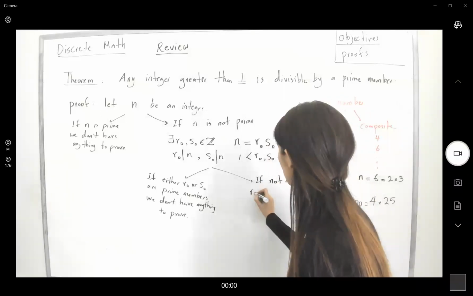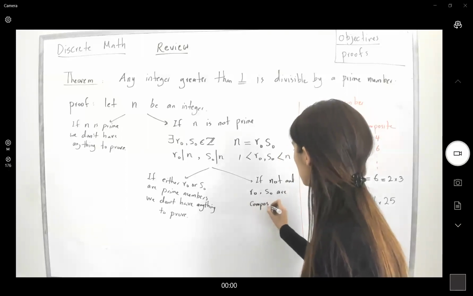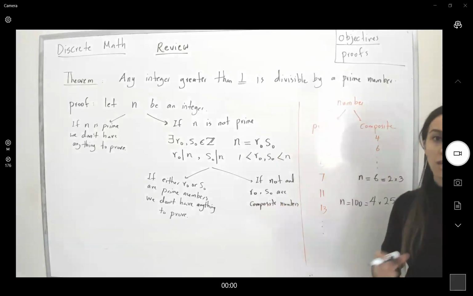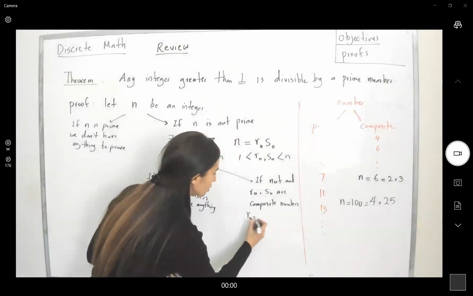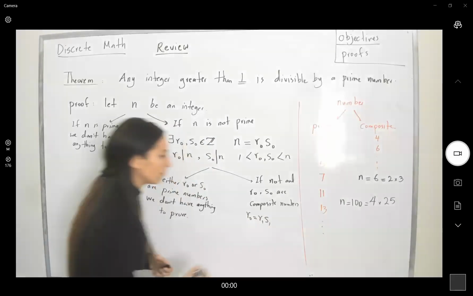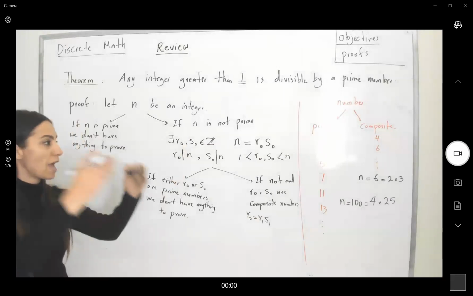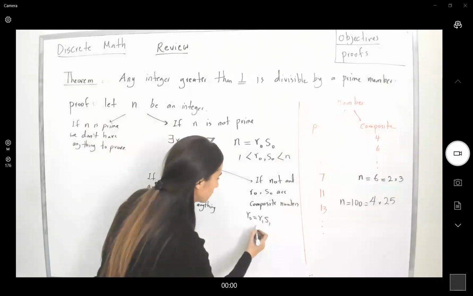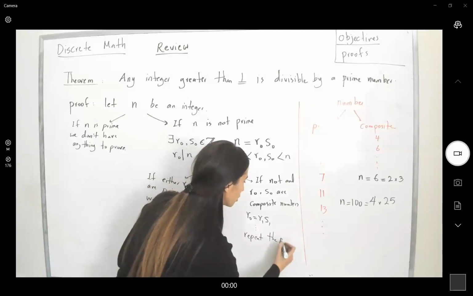It means that r sub 0 can be written as the multiplication of two other numbers. r sub 0 can be written as r sub 1 s sub 1, and s sub 0 can be written as the multiplication of two other numbers, and we have to repeat this loop. Repeat the process.